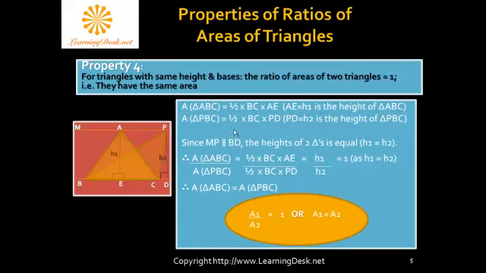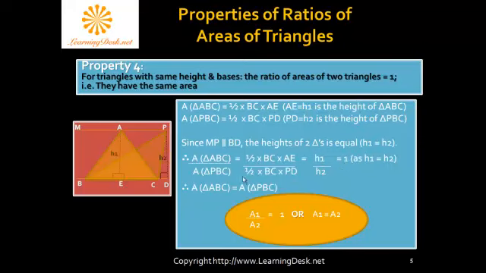That is equal to, so here again these halves cancel out, and then BC and BC cancel. So we are left with AE over BD, which is nothing but H1 over H2. But since the line MP is parallel to BD, the heights are the same. So H1 is equal to H2. So that is equal to 1. So it's like H1 over H1 or H2 over H2.